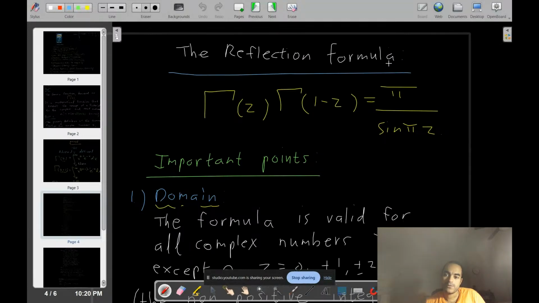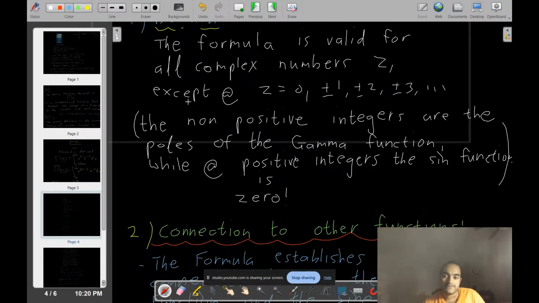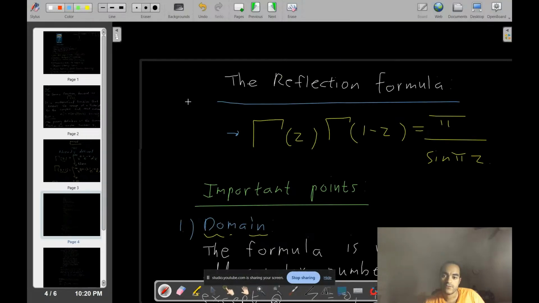In the reflection formula, gamma of z times gamma of 1 minus z is equal to pi over sine pi z. If z is an integer value, it will just be sine of n pi, where n is some integer, which gives you 0. Sine pi is 0, sine 2 pi is 0, sine 3 pi is 0. That's one of the important points of the reflection formula.